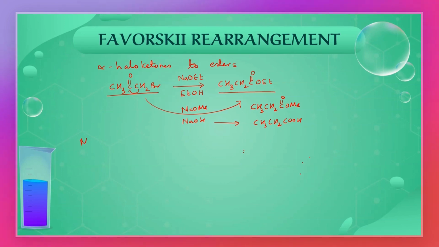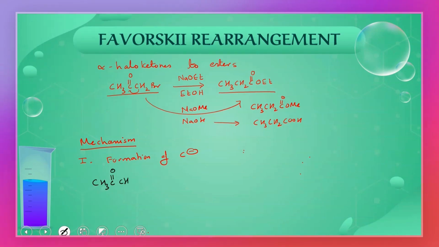Now, let us see the mechanism, like how exactly this rearrangement takes place. So the first step of the mechanism is formation of carbanion. Let me take the same starting material in presence of base.